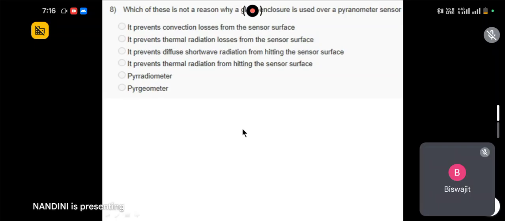In order to prevent the diffuse shortwave radiation from hitting the sensor surface, or prevents thermal radiation losses from the sensor surface.